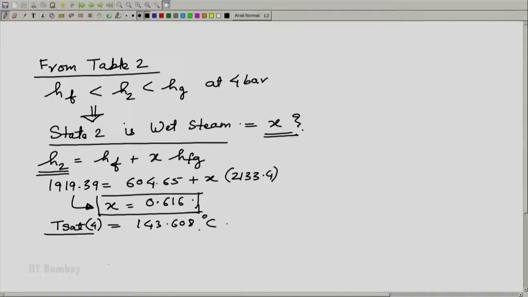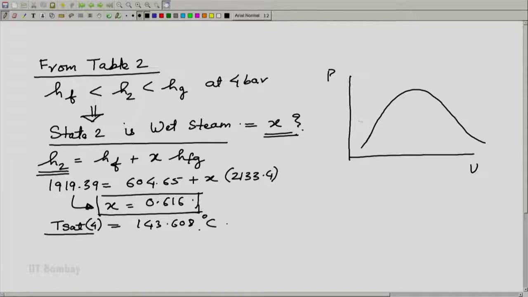This is the temperature, and if I want to plot this process now on a PV diagram, alright, my point 1 was somewhere at this point in a subcooled region, this is state 1, and point 2, this is the process that is going to happen at constant pressure, and point 2 will be somewhere at this point because my x happens to be 0.6. At the center, if I say midpoint of this will have 0.5 as x dryness fraction, this is 0.6.